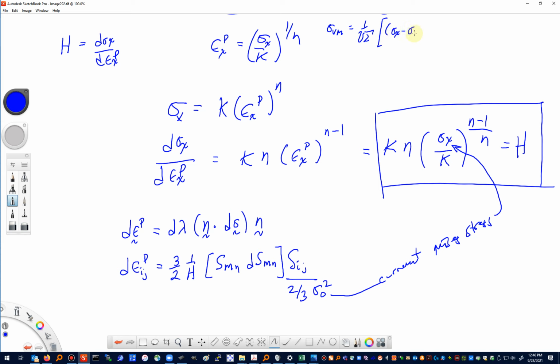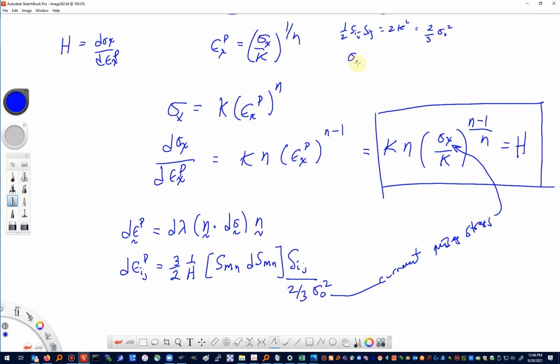Well, I'll tell you what, it's probably easier if we do it with J2. So let's write that down. One-half S_ij S_ij is equal to 2k squared, which is going to be equal to 2/3 sigma naught squared.